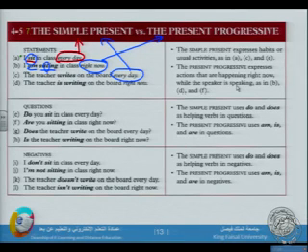So the simple present expresses habits or usual activities, daily customs, as in A, C and A. The present progressive expresses actions happening right now while the speaker is speaking, as you can see in B, D, and somewhere in F, I guess.